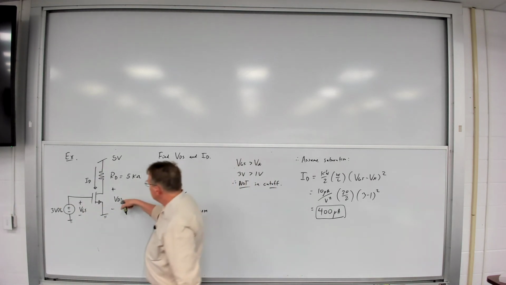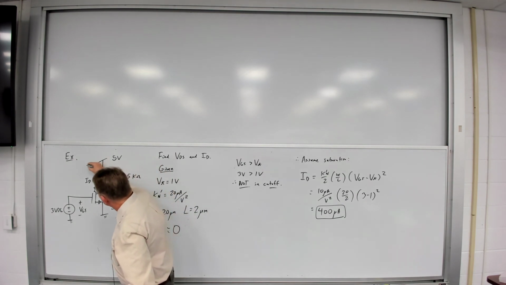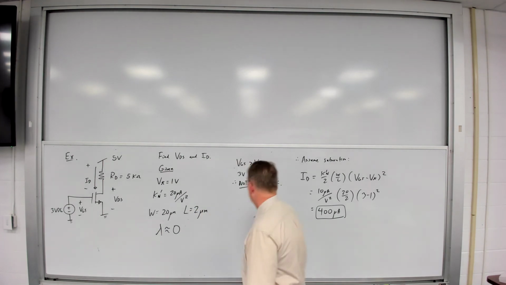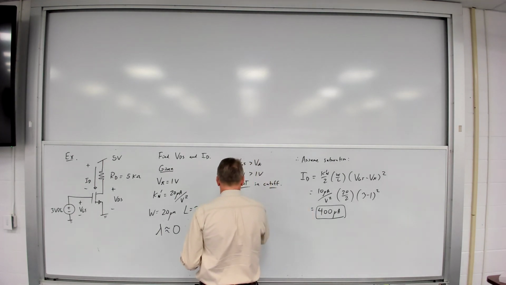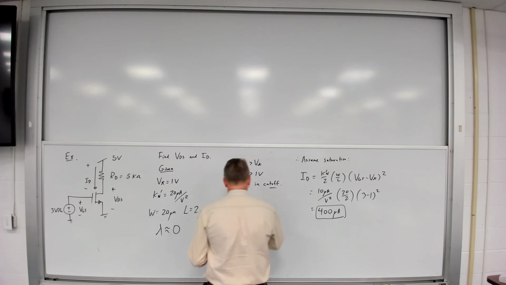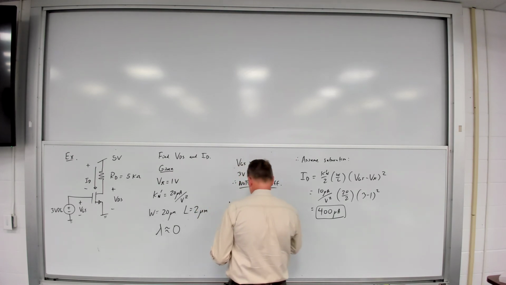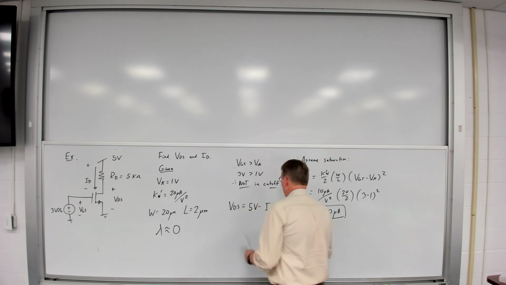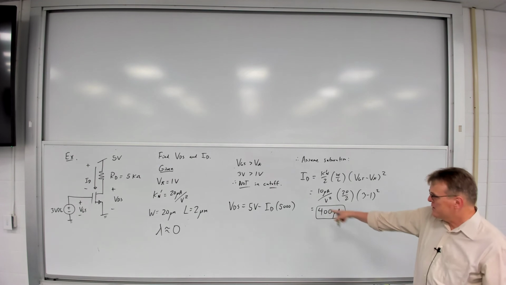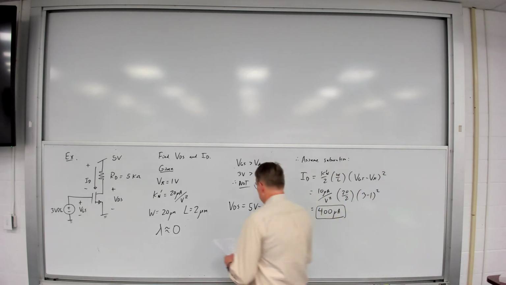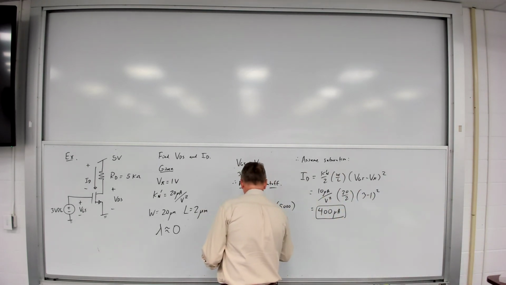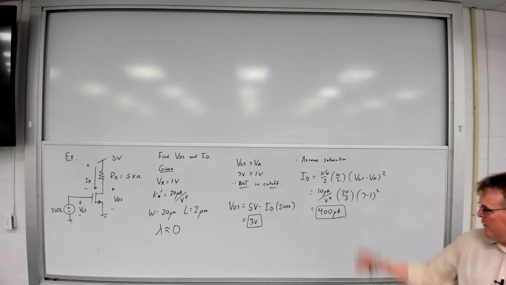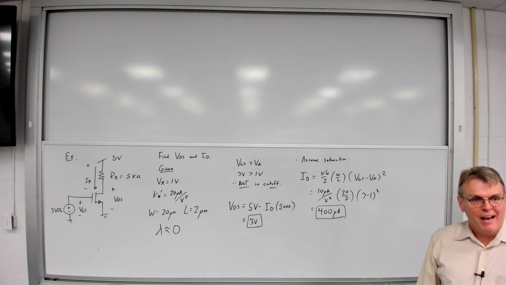Well, VDS must be equal to 5 volts minus the voltage drop across that resistor. So I plug this in for ID, and what I'm going to get is 3 volts. And there's my answer. So I've calculated ID and VDS.